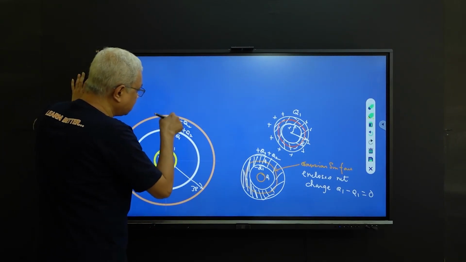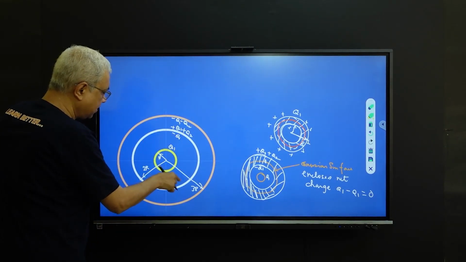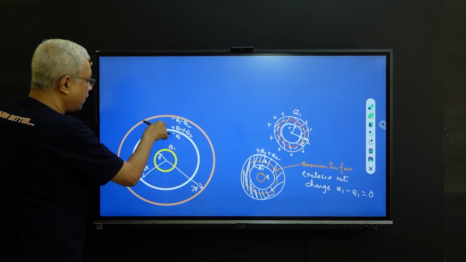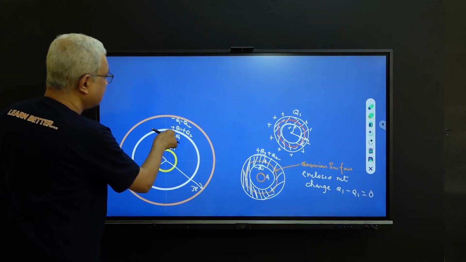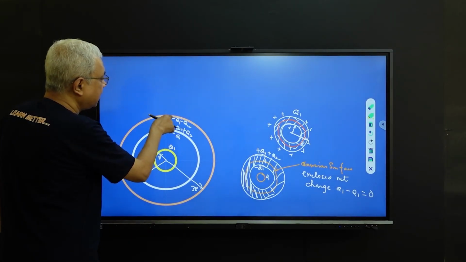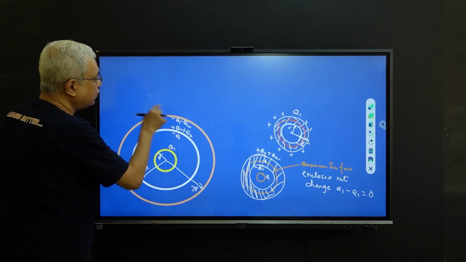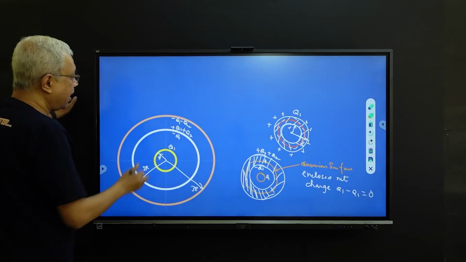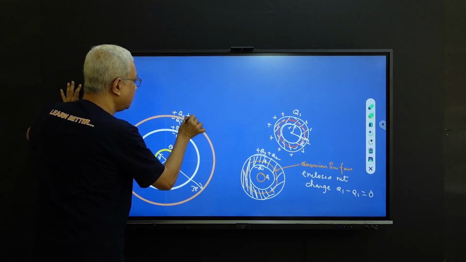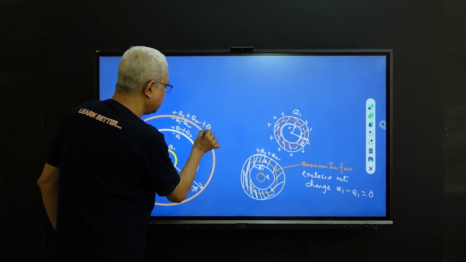We have now given plus q2 charge to the second spherical shell, so the net charge on its outer surface is q1 plus q2. This q1 plus q2 induces a charge on the inner surface of the outermost spherical shell equal to minus q1 minus q2. Now on the outer surface there will be q1 plus q2 amount of charge, and we have given charge q3 also.